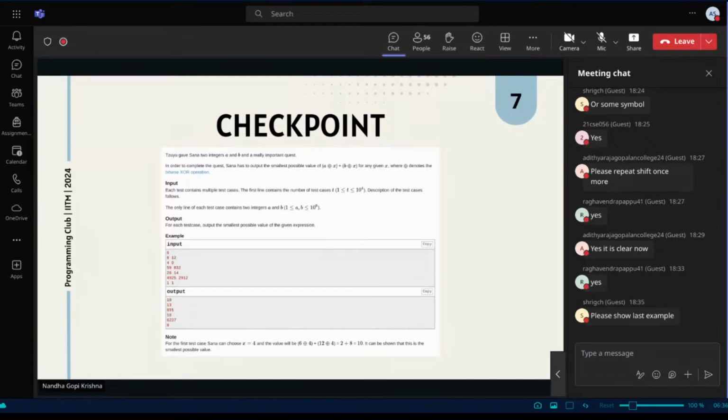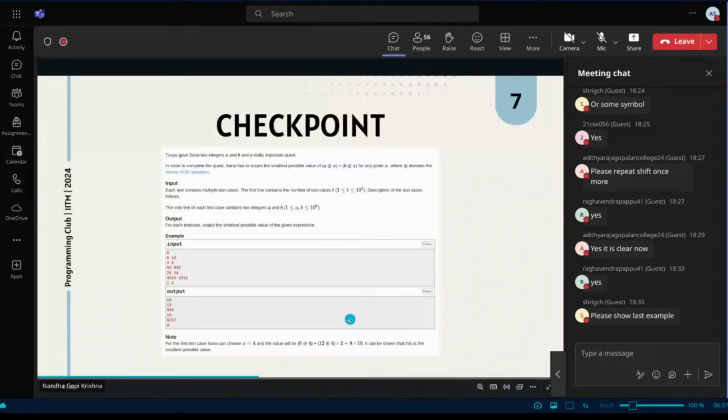This question is directly taken from Codeforces. So ignore the first number, that's just the number of test cases. So the first test case is 6, 12. So A is 6, B is 12. And the smallest possible value that you can get for A XOR x plus B XOR x is 10, as you can see in the note.